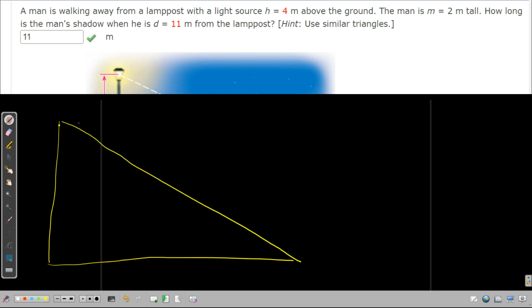Here's the light, and this is a light ray, and there is a dude standing here, and it tells us that this light source is 4 meters above the ground, and the man's height is 2 meters.